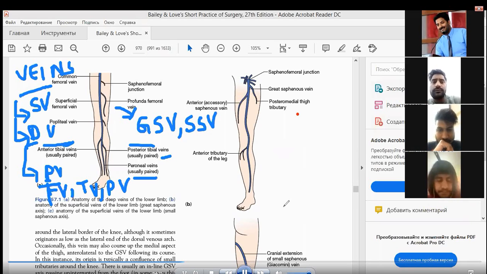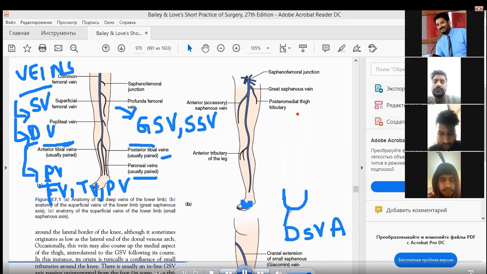There is a dorsal venous arch present, forming in your foot region, on the dorsal side, and from the dorsal venous arch you have two veins present, like this.